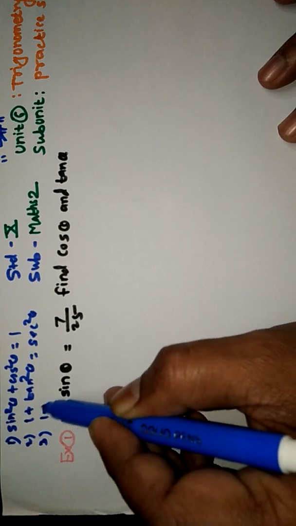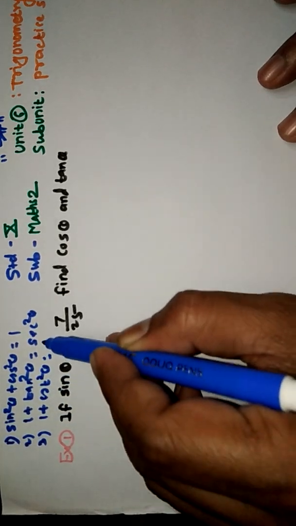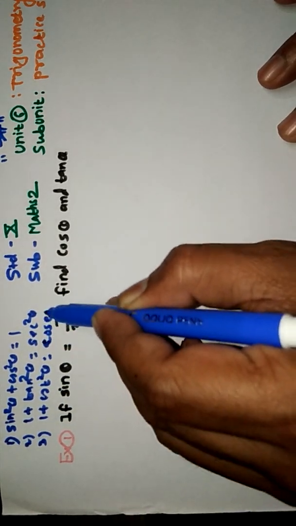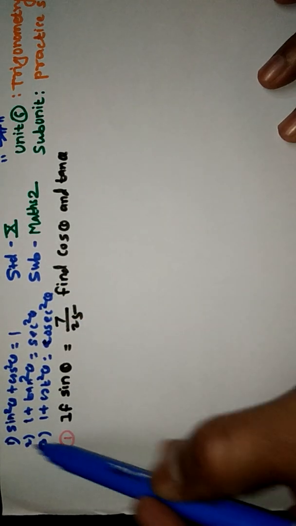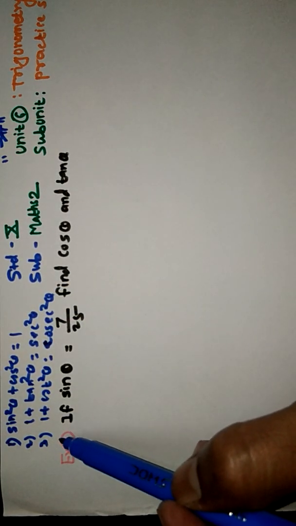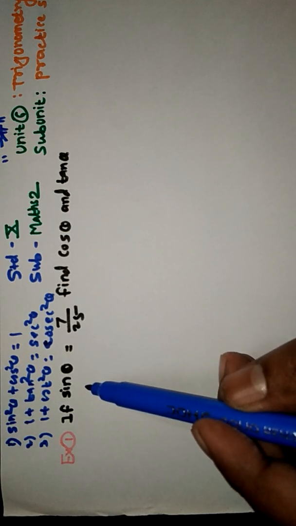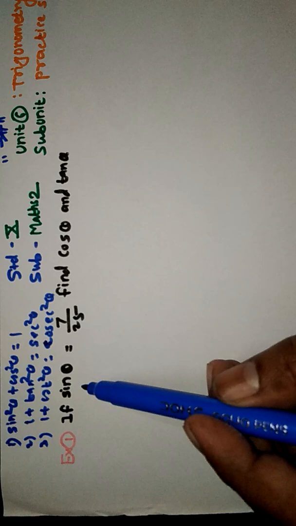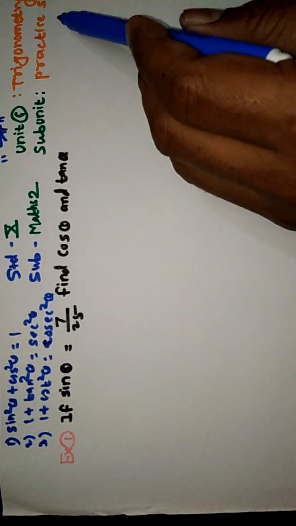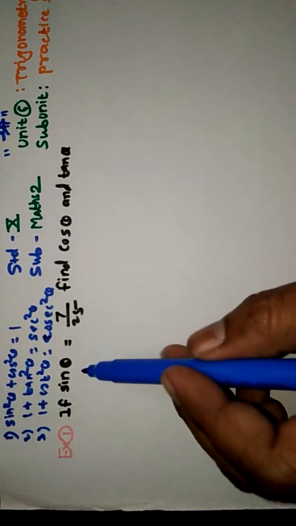And third one, 1 plus cot square theta is equal to cosec square theta. By using these three identities and the basic trigonometric ratios, meaning the definitions of trigonometric ratios, we solve the examples in practice set 6.1.